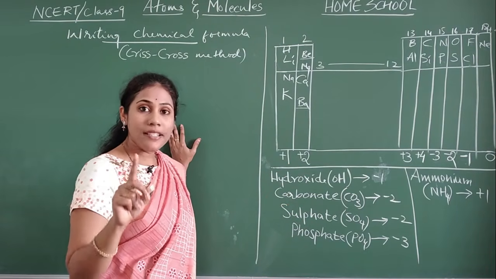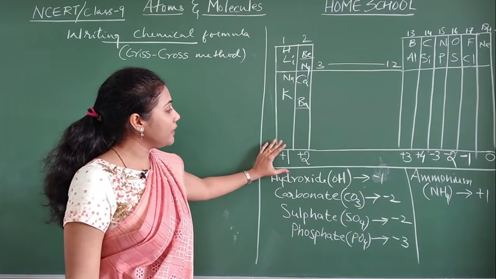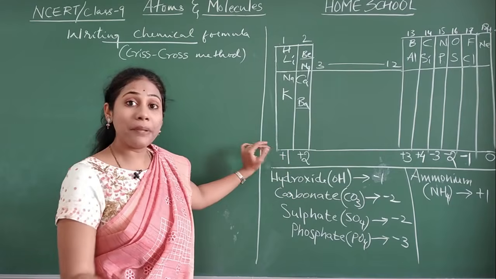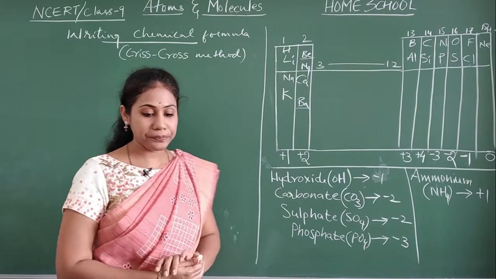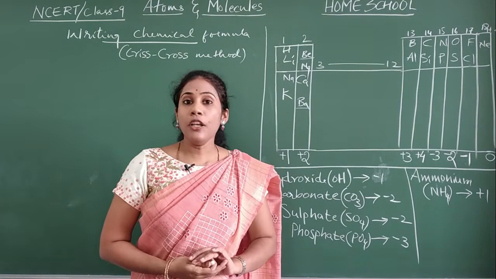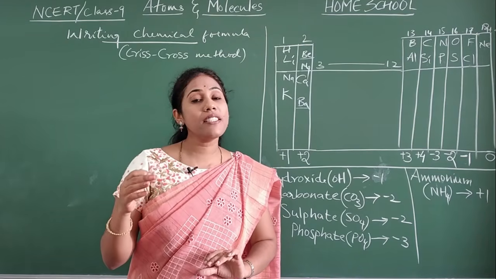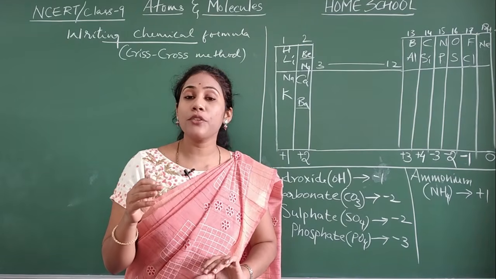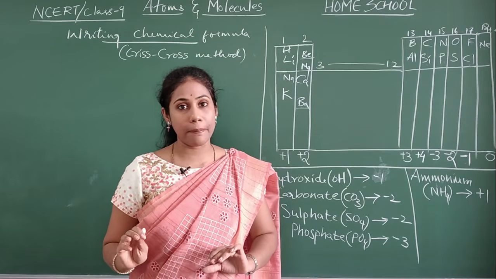So my suggestion is to carefully remember and understand the previous video that I taught you. Okay, fine. Let us take an example of writing a formula for a very simple compound called sodium chloride. Later we will go for many more examples.